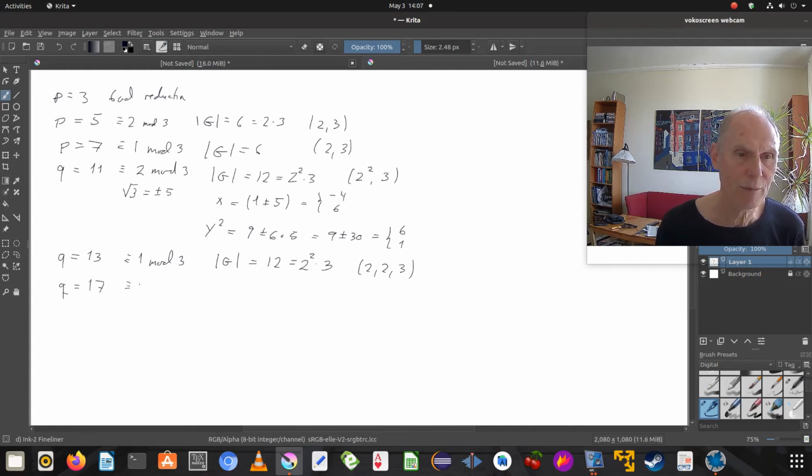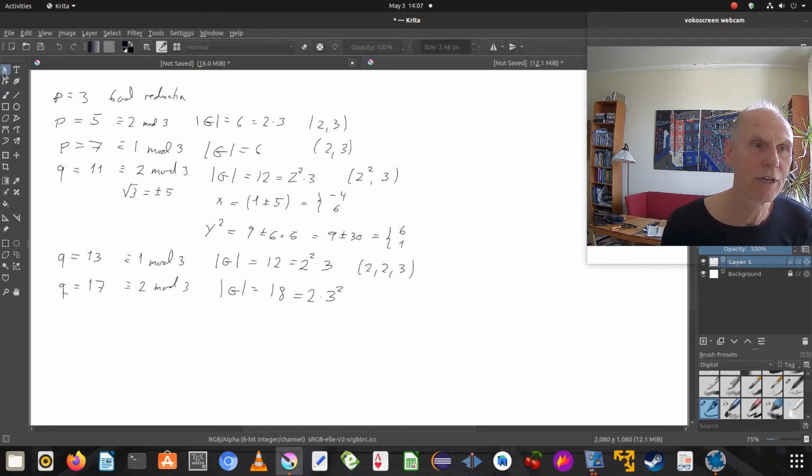That's 18 minus 1. We need to check the number of points of order 3. All 9 may have order 3, or there may only be 3, and then 6 of order 9.